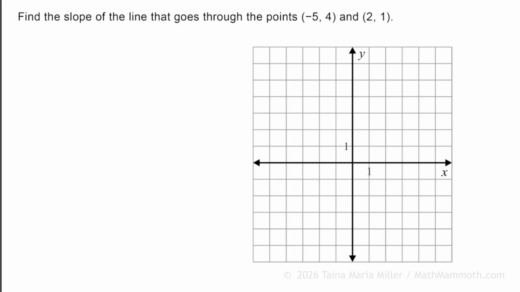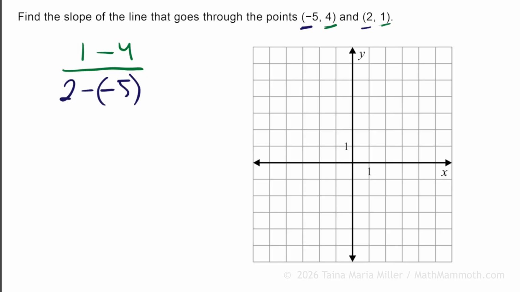To do that, we look at the difference in the y values and divide that by the difference in the x values. So we take the y values, 1 and 4 first, and look at the difference, or subtract them. 1 minus 4. Then in the same order, we will subtract the x values. This one minus that one.